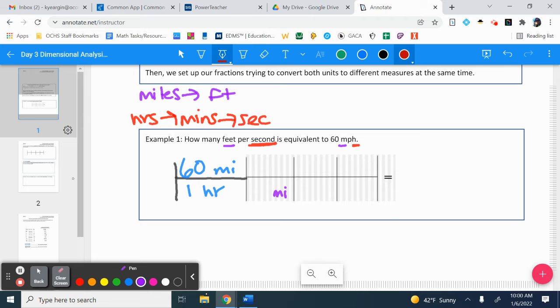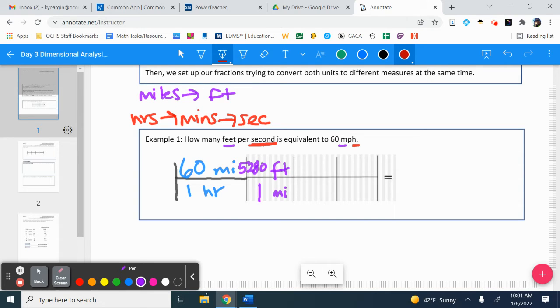We can follow our roadmap to see that miles must turn into feet. Well, then we ask ourselves, which one of these units is larger? Well, miles are larger, therefore they get the 1 value to go with it. And then you have to ask yourself, how many feet are in a mile? Well, there are 5,280 feet in a mile.